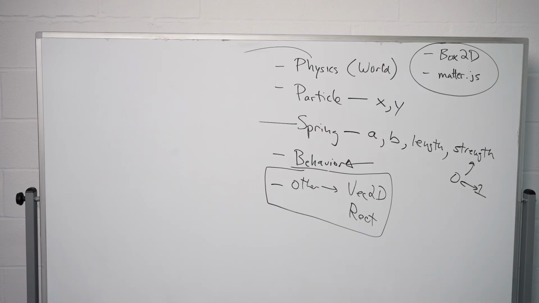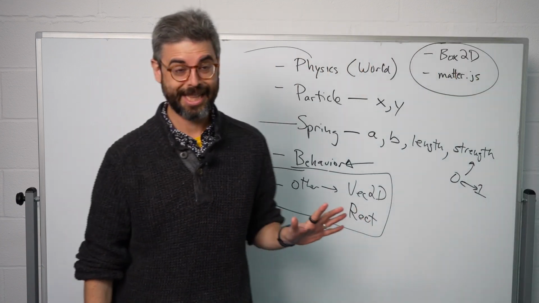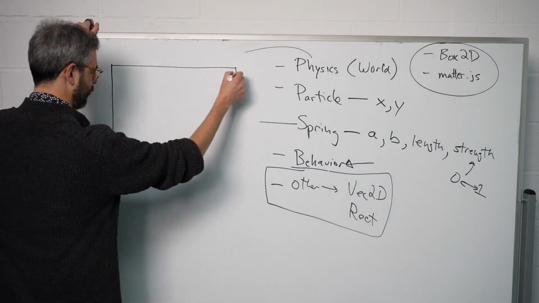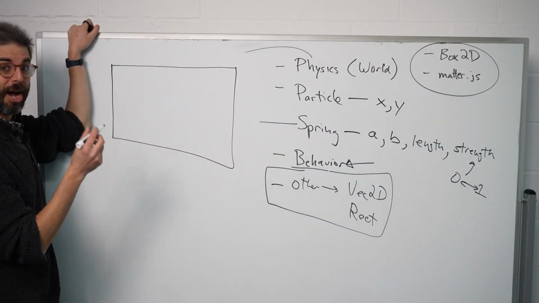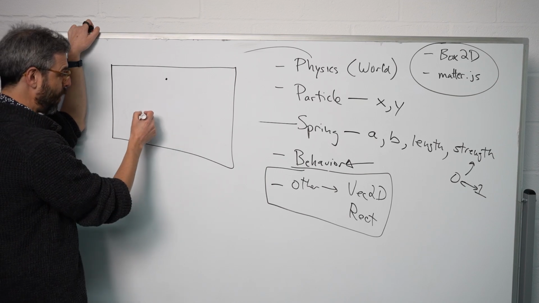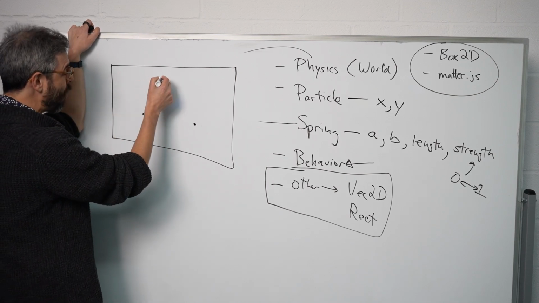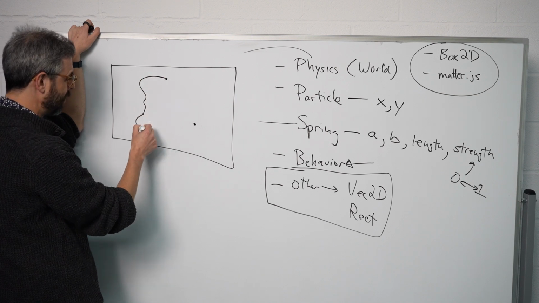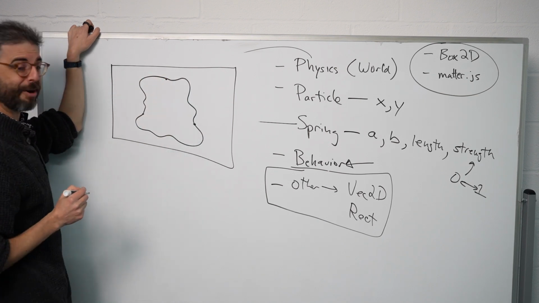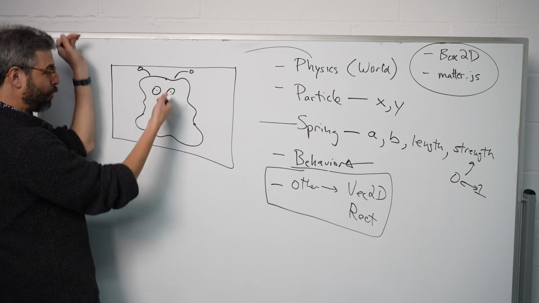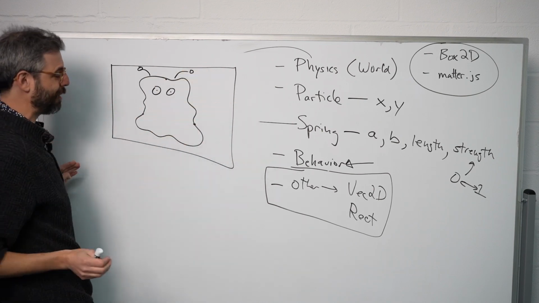Let's take a minute to think about what it is that I want to do here. I currently have a shape that has 3 points, all connected with springs. But maybe what I really want is to make some kind of blobby, cute character. And it squishes and squashes and moves around the canvas.